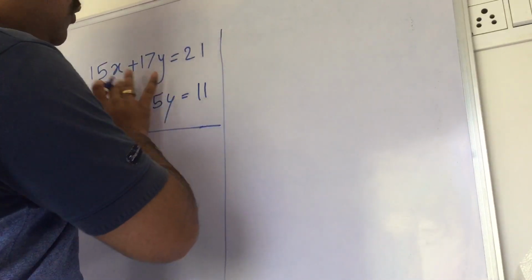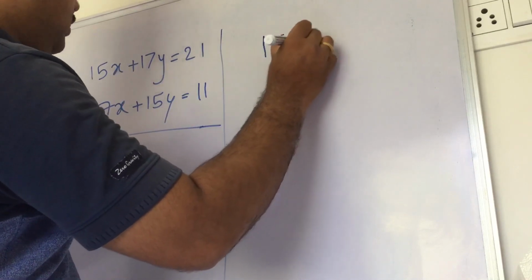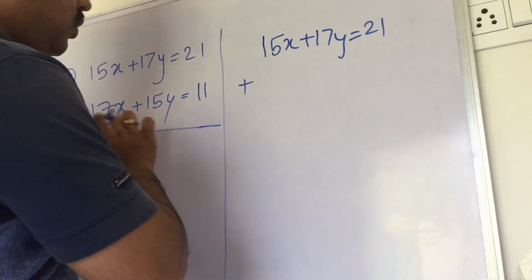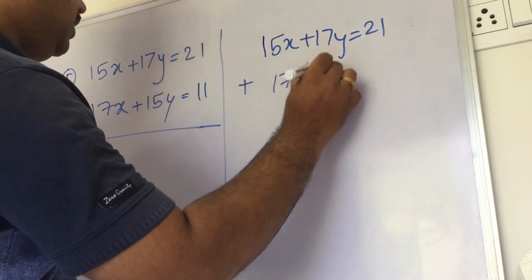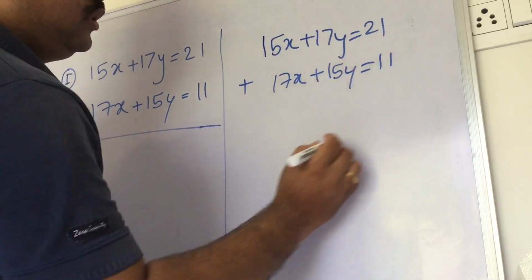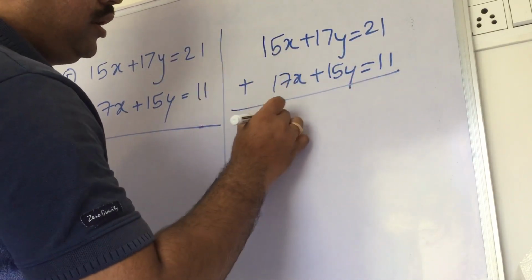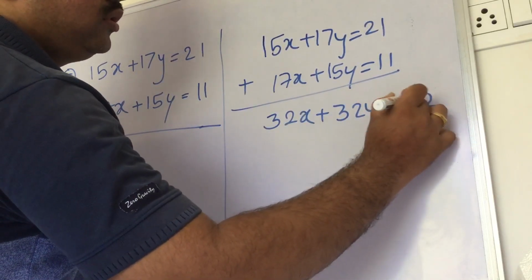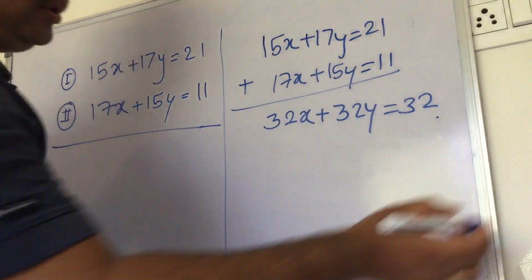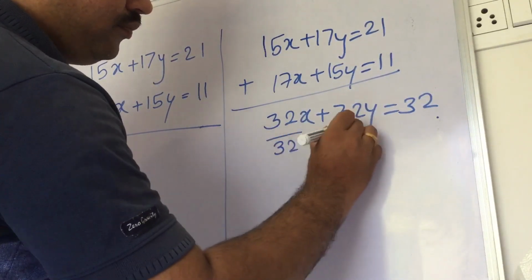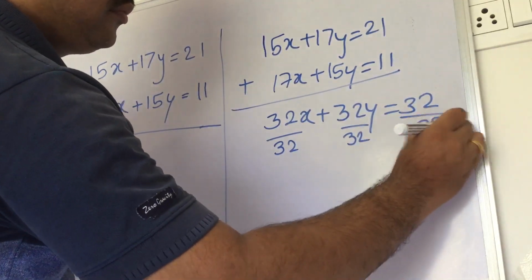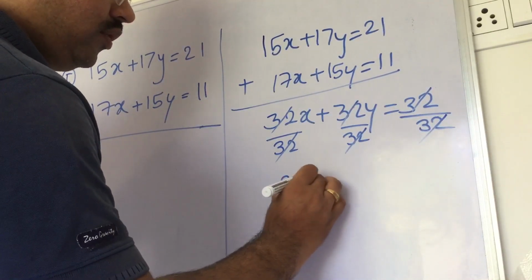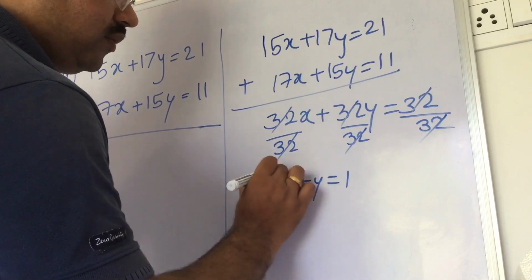First equation is 15x plus 17y equals 21, plus this whole equation 17x plus 15y equals 11. Adding, it becomes 32x plus 32y equals 32. You divide the whole equation by 32. This will be 1, this will be 1, this will be 1. You have got your first equation as x plus y equals 1.